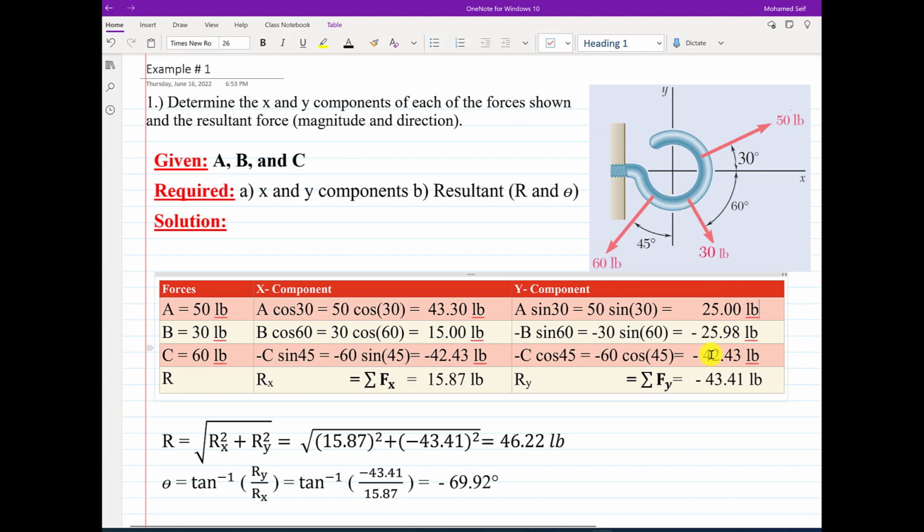So when you add these forces together to get the Ry, the resultant component in the y direction, at the end you add these three forces and you end up with a negative value. It means what?